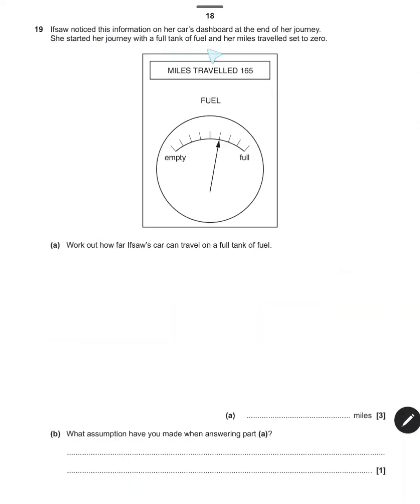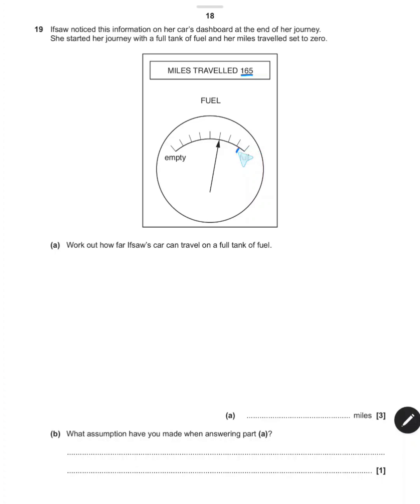Question 19, we're looking at a car's dashboard and it's talking about how much fuel is left in the car. We also know how many miles have been travelled. So we started with a full tank and we're now down to this. So I'm going to write a fraction. This looks a bit like a fraction bar. A fraction for how much fuel has been used.